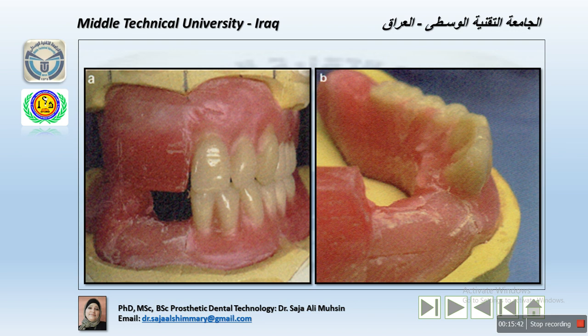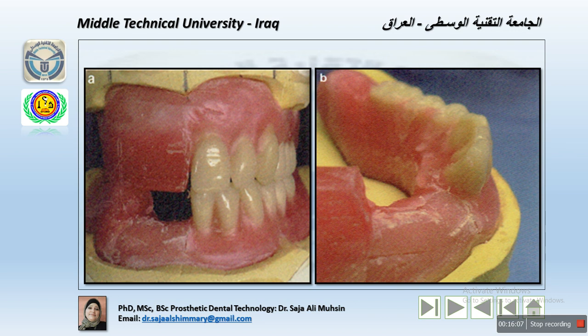Now, it is essential for the setting of teeth in terms of natural occlusion, whether it is a tooth to one tooth, or tooth to two teeth relationship, or intercuspation. It depends on the case here.